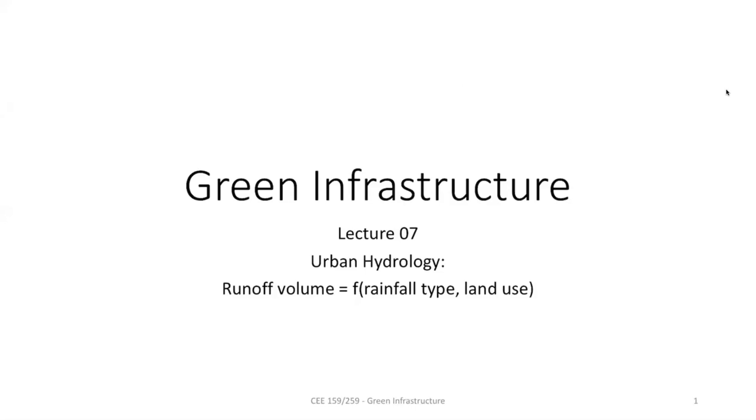Then we learned a little bit about rainfall, because the source of stormwater is rainwater. Rainwater becomes stormwater as soon as it touches the ground. So we interpreted a little bit about rainfall, but the next thing is understanding how much runoff, because that's the stormwater that we want to treat.